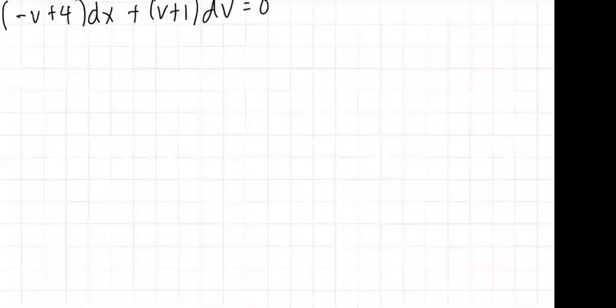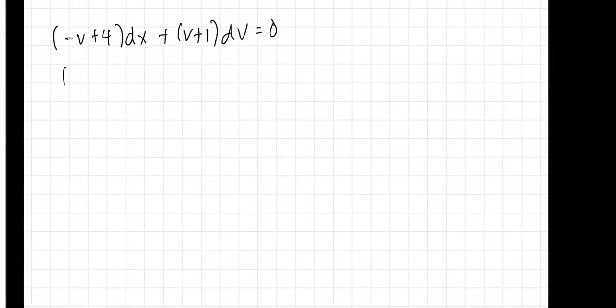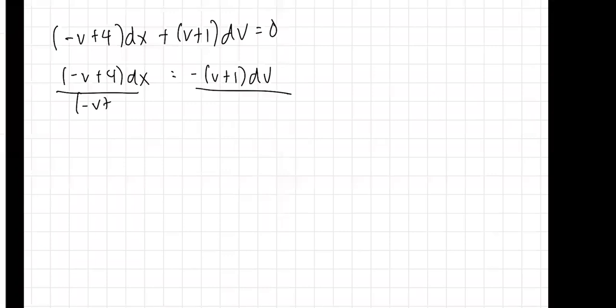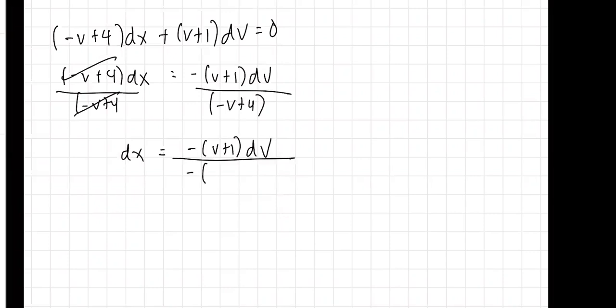Okay? So ito na yung i-solve natin. So we have (negative v plus 4) dx equals (v plus 1) dv. So divide natin both sides by negative v plus 4. So we have dx is equals to (v plus 1) dv over (negative v plus 4). So pwede tayo mag-algebraic manipulation dito. So try ko munang baguhin muna yung denominator natin. Gawin kong negative (v minus 4). Okay? Para mag-cancel out yung negative sign.